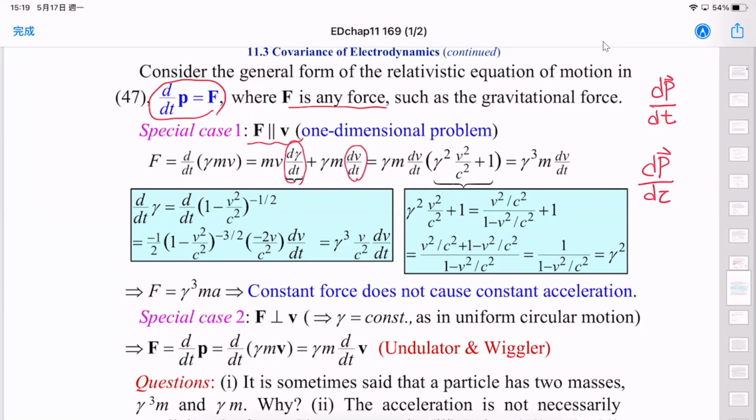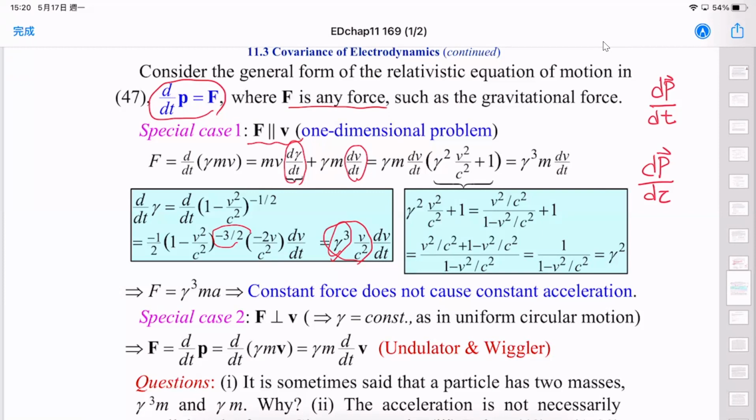The d gamma over dt is shown here. The gamma can be written into this form, minus 1 over 2 here, because of this one minus 1. And this one gives us 2v over c squared dv dt. So what we have here is gamma cubed minus, so it's v over c squared, so gamma squared v squared plus gamma.